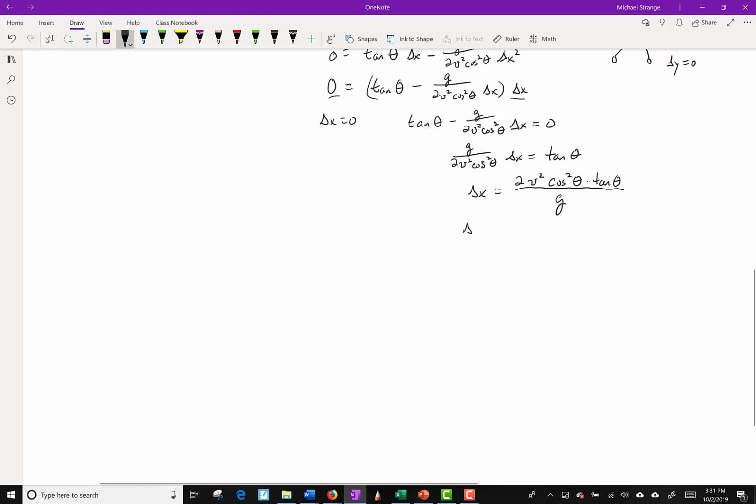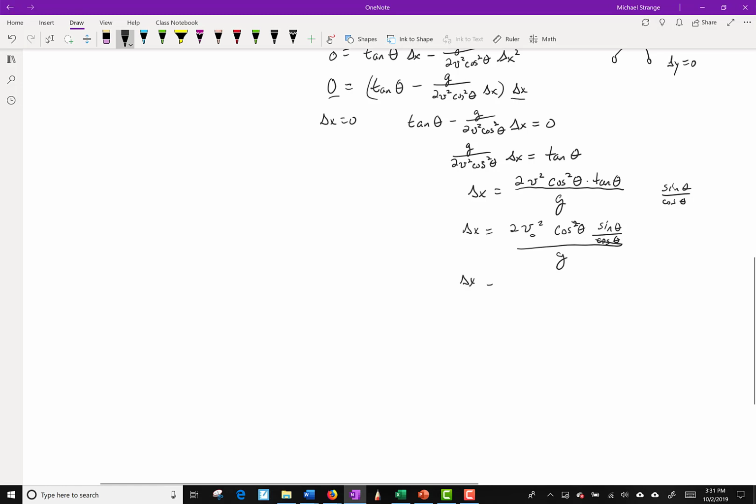So let's look at that. That's going to be delta x is equal to 2v naught squared cosine squared theta. Tangent is sine over cosine. So this is sine over cosine theta over g. So delta x, you can see this cosine is going to cancel one of those.